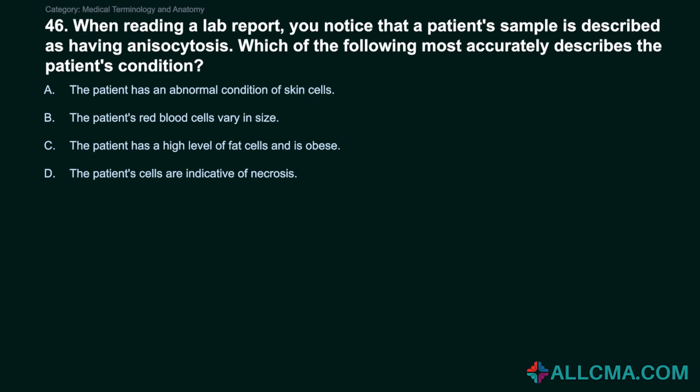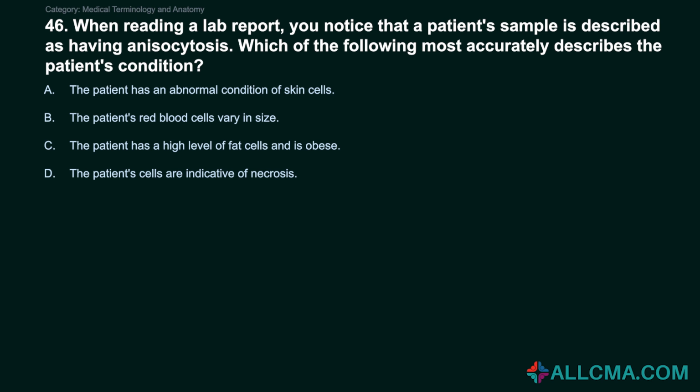46. When reading a lab report, you notice that a patient's sample is described as having anisocytosis. Which of the following most accurately describes the patient's condition? A. The patient has an abnormal condition of skin cells. B. The patient's red blood cells vary in size. C. The patient has a high level of fat cells and is obese.